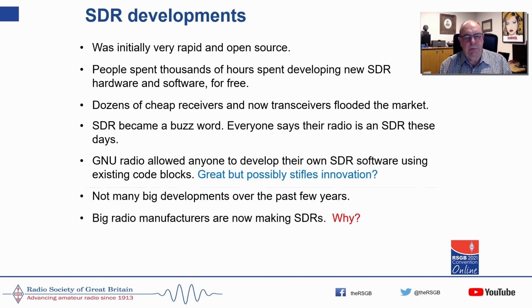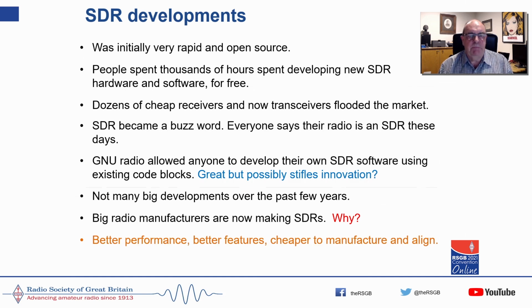So why are the big radio manufacturers now waking up and making SDRs? Why have they changed? They had a great market, and they've been very successful for a long time. So why did they change?